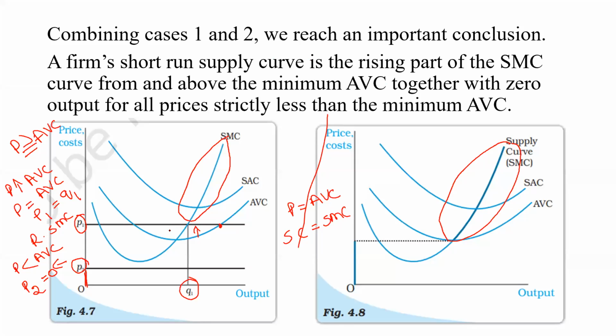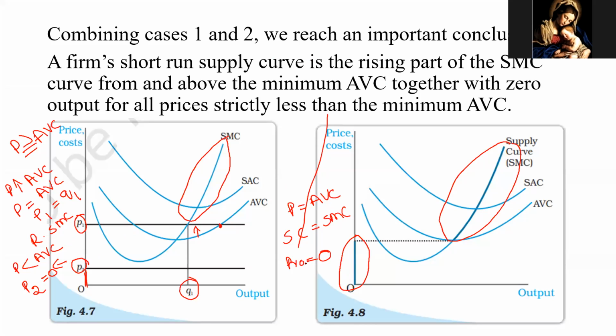This is a thick line. I said when it comes to the graph, you have to show this line. The thick line represents that you are going to produce zero output. So here the production will be zero.